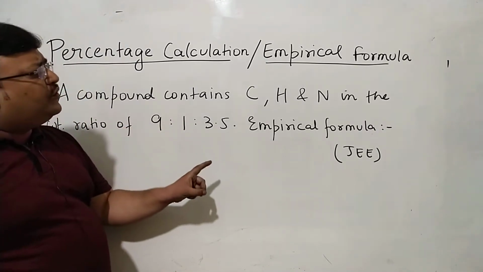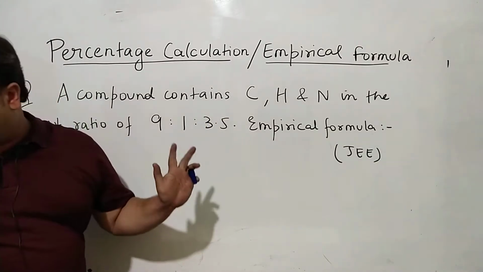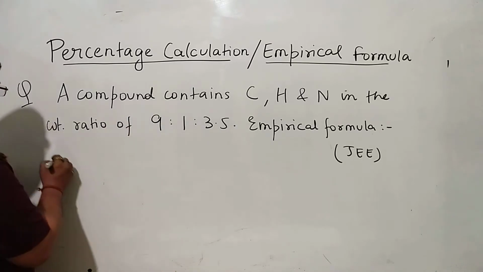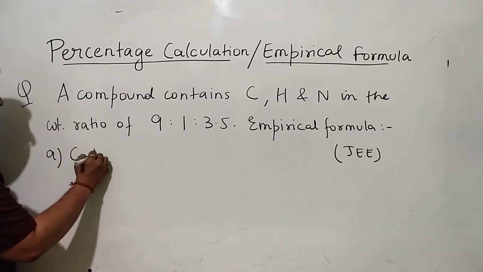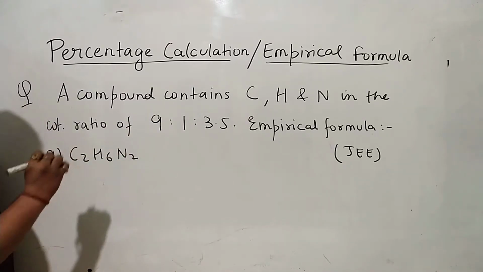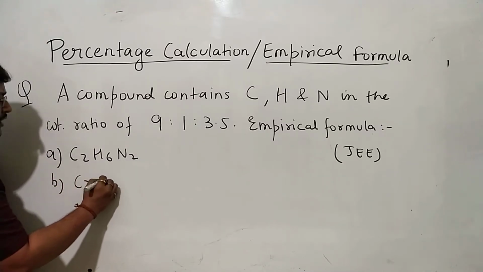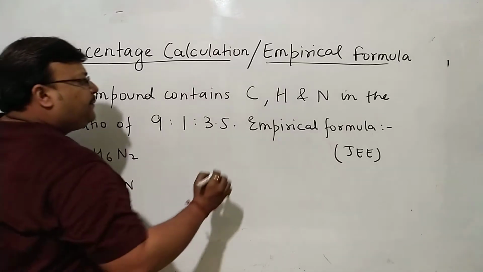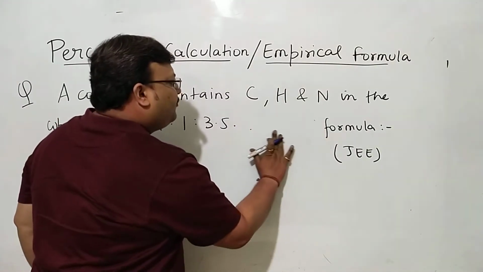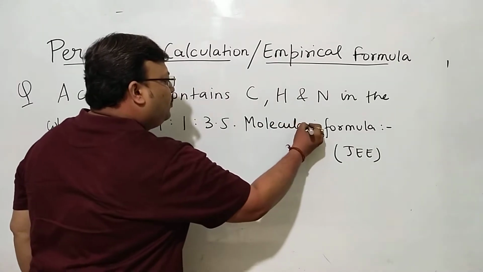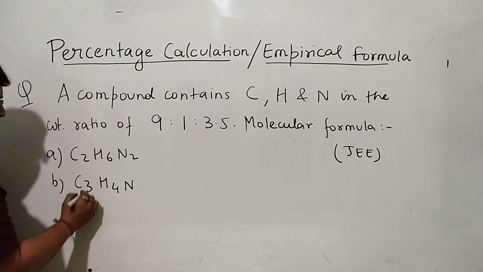Now what I need to do is, obviously 4 options are given. Options are C2H6N2, then there is an option like C3H4N. Let me correct. This is the empirical formula, and the real exam question is about the molecular formula. Option 1 and 2 as written.